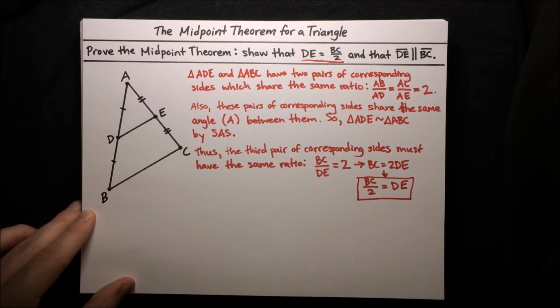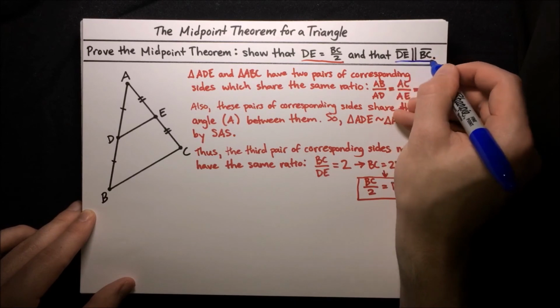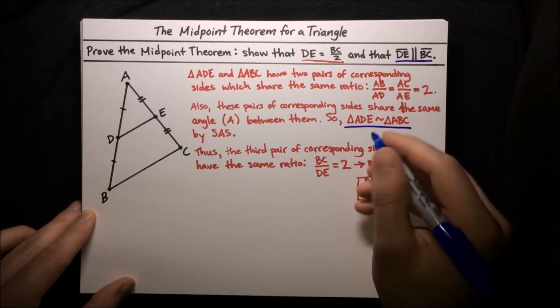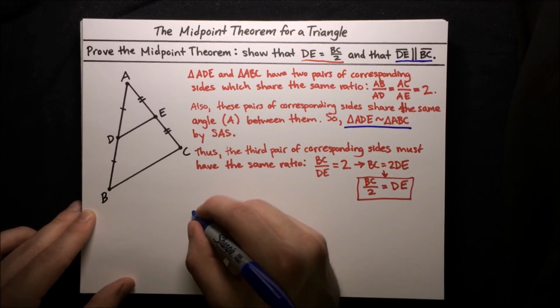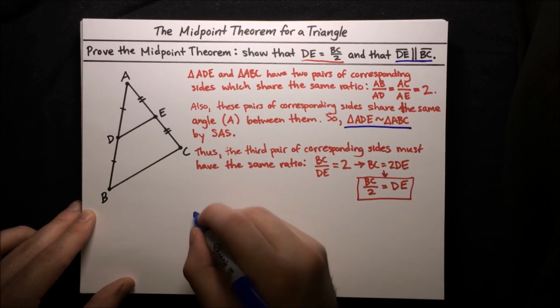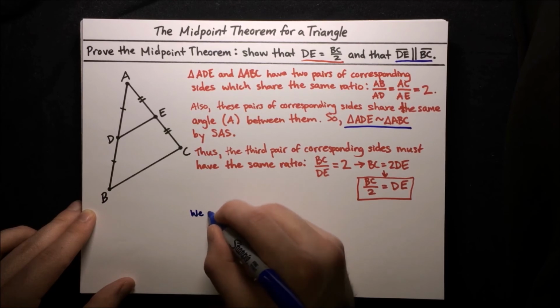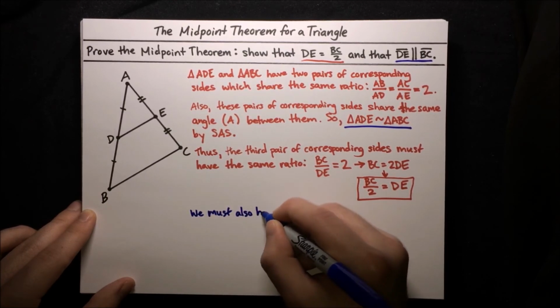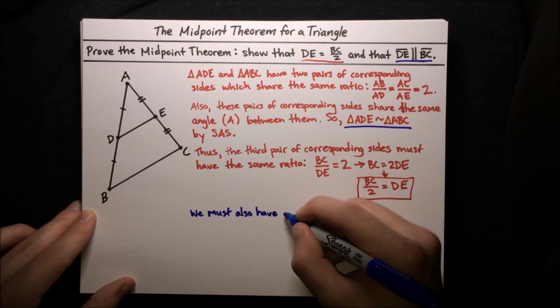And now let's go ahead and prove the part about DE being parallel to BC. And this fact about similar triangles is going to help us a lot. So because triangle ADE is similar to triangle ABC, we must also have that corresponding angles share the same measure.